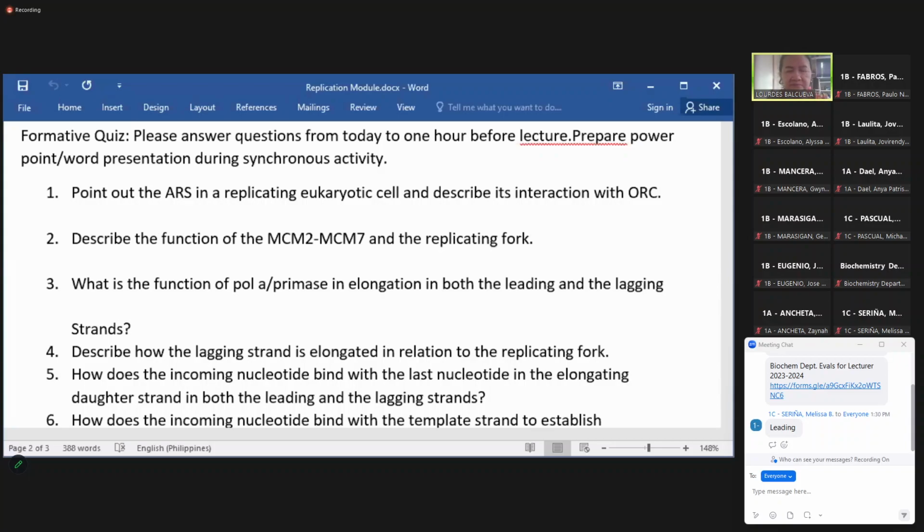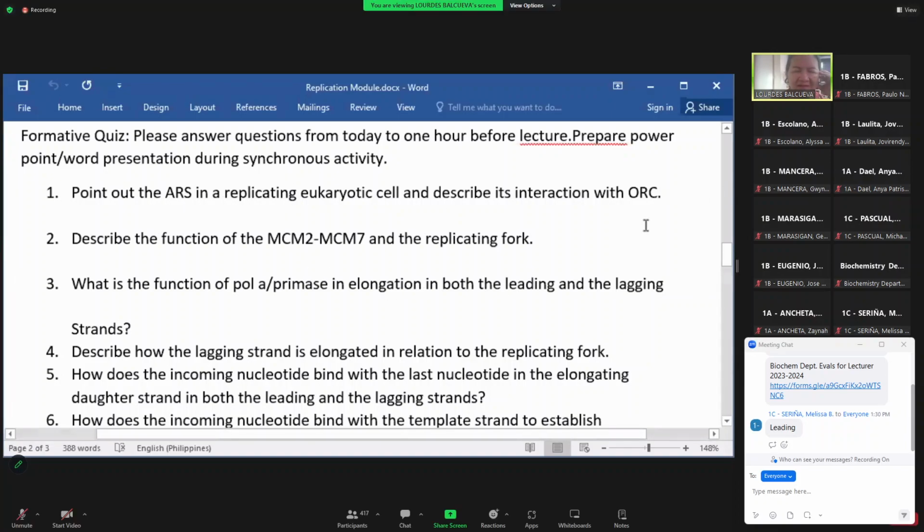Sabihin nyo na lang, what is ARS? And how is it related to the ORC? Anyone? Akala ko wala kayong questions.